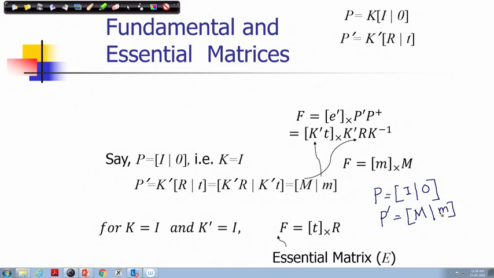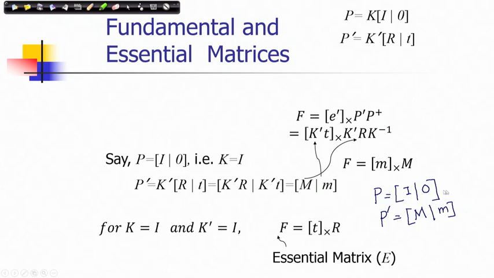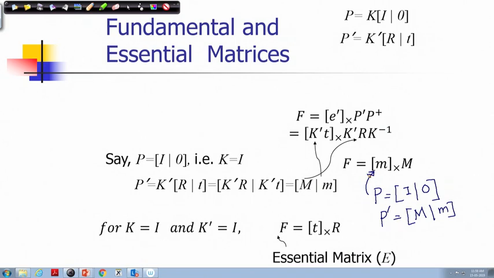With respect to this, we can compute the fundamental matrix from this configuration. We can compute it by this expression. So, this is one kind of relationship that we discussed.